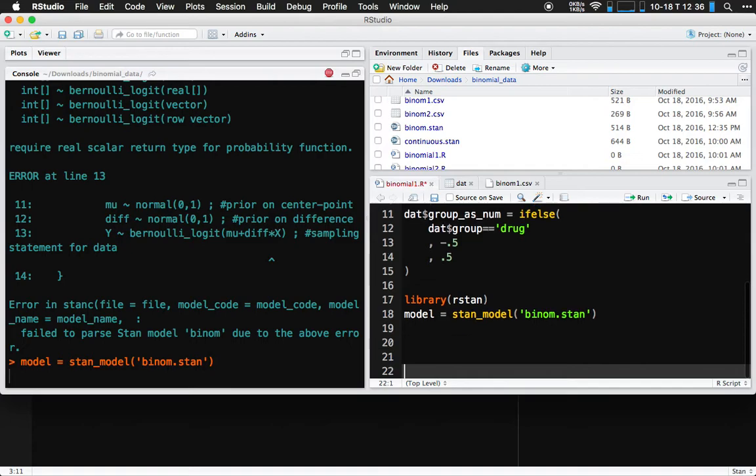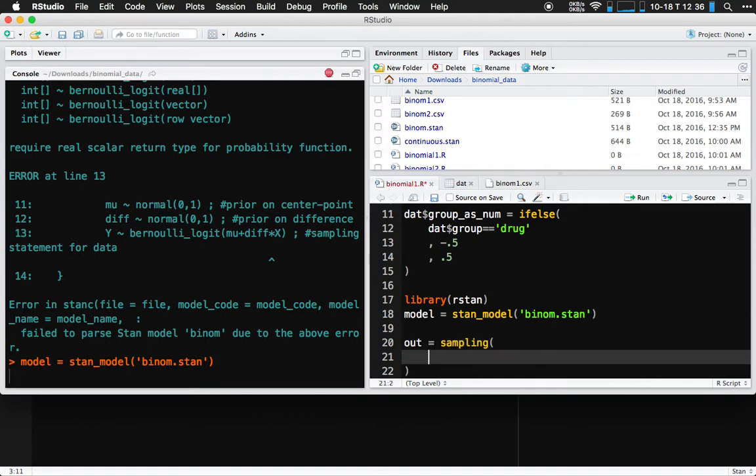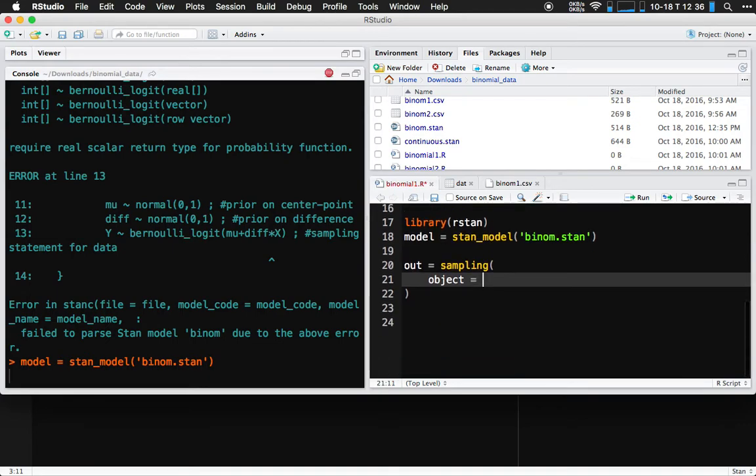So that's compiling. While it's compiling, I'm going to write the code for what I want as the sampling. So I'll create an object to store the posterior samples. The sampling function from rstan takes 3 main arguments.